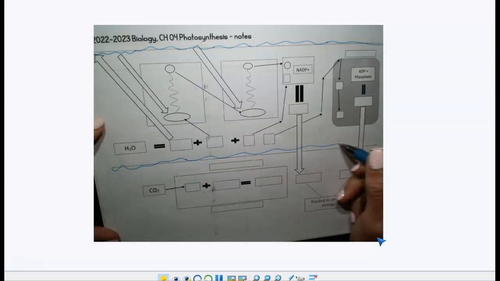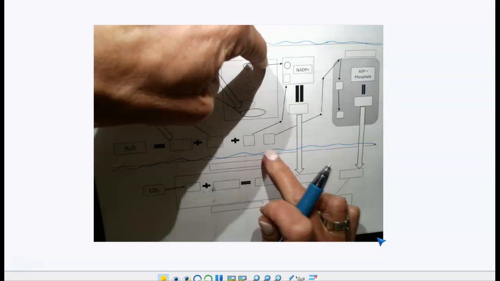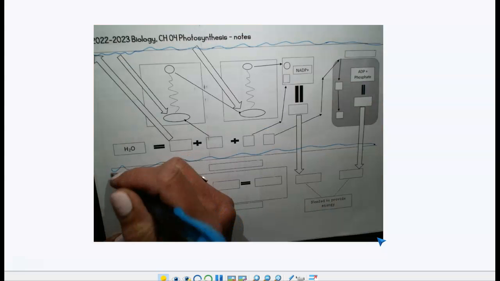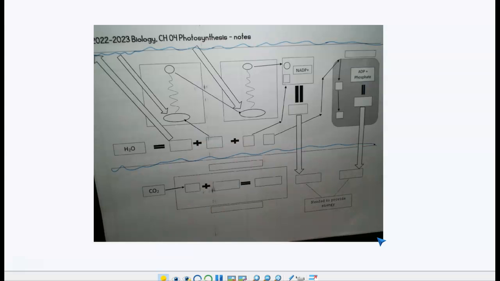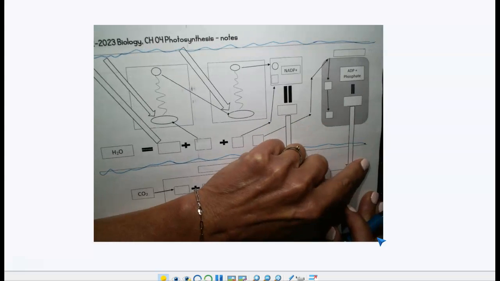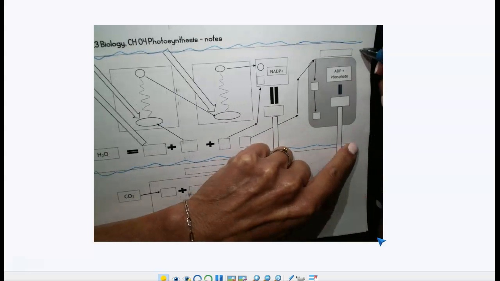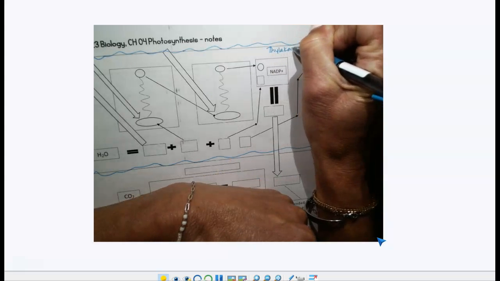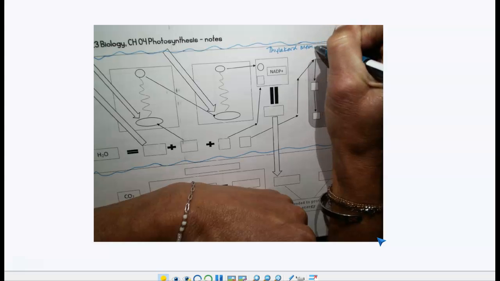I'm going to put a squiggly line right here, and a squiggly line right here. So from this spot to this spot, from the blue squiggly to the blue squiggly, that is my thylakoid membrane. It's like we are inside of the thylakoid membrane. I'll put it right up here: thylakoid membrane.